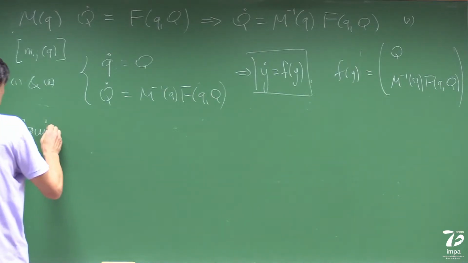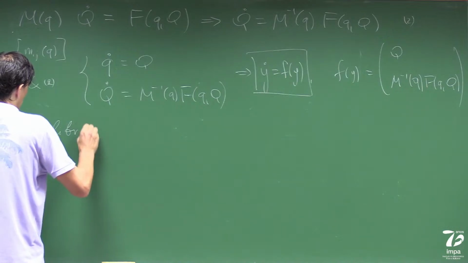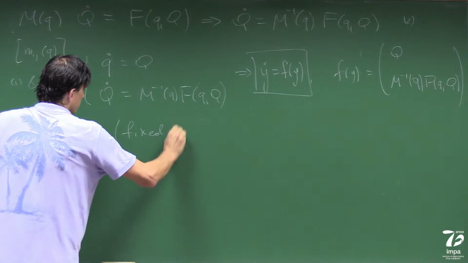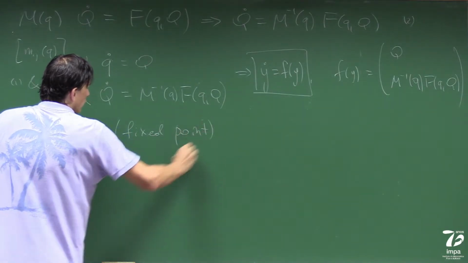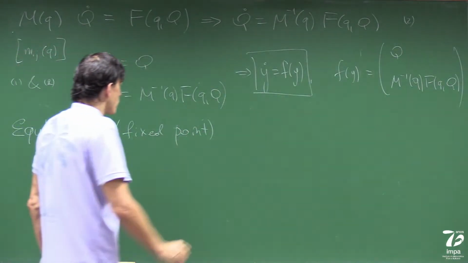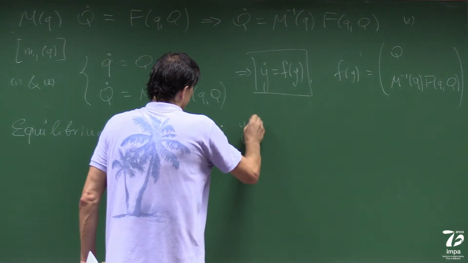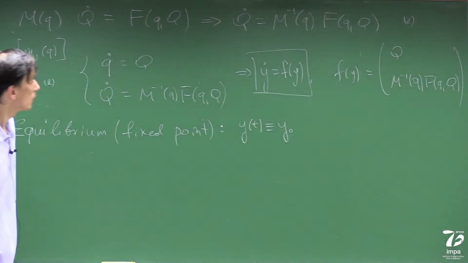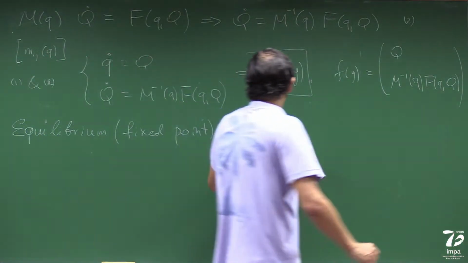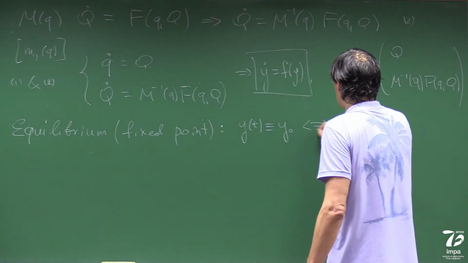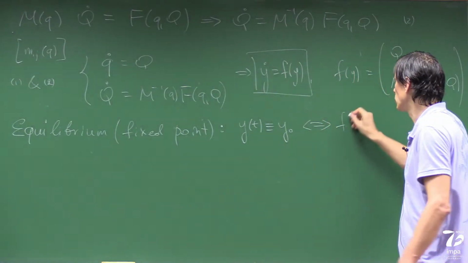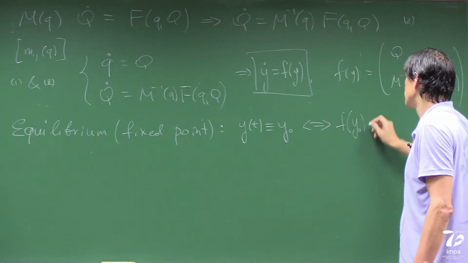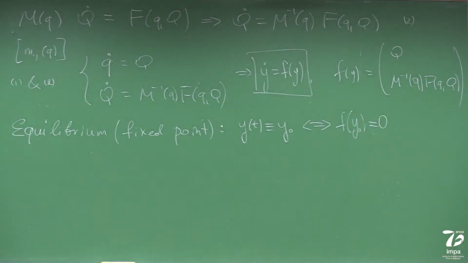So first, equilibrium, which is also called a fixed point for the equation. A fixed point is a constant solution that does not change in time, and the existence of a constant solution is equivalent, from this equation, to that function f of y0 is 0. Correct?